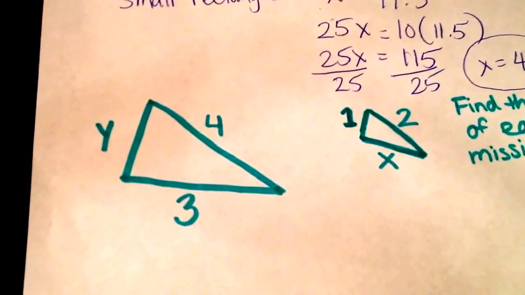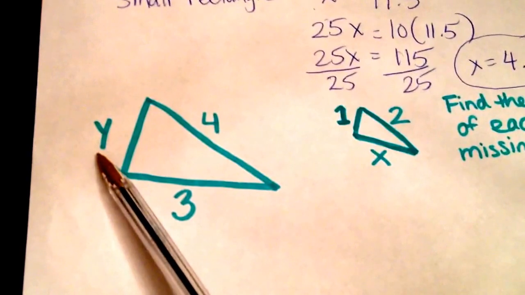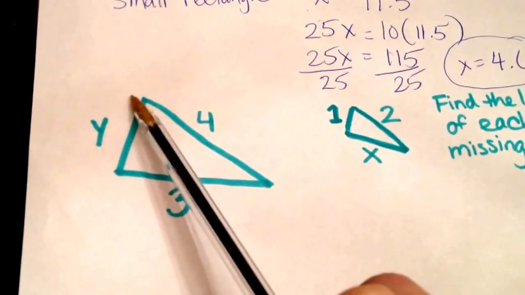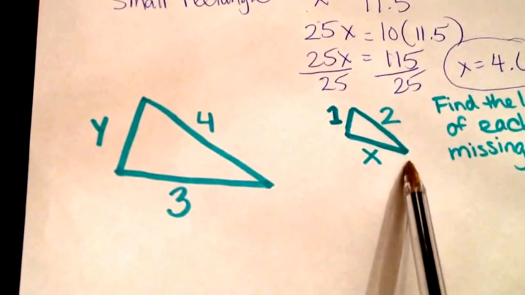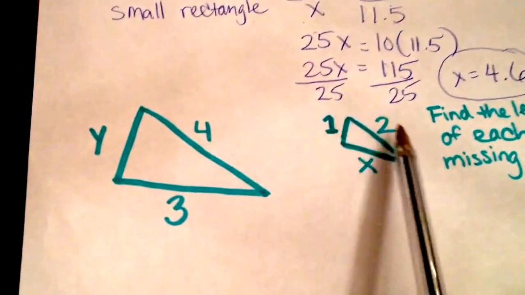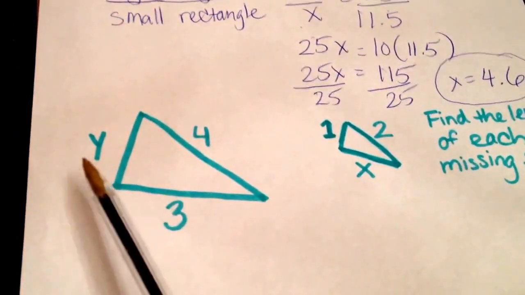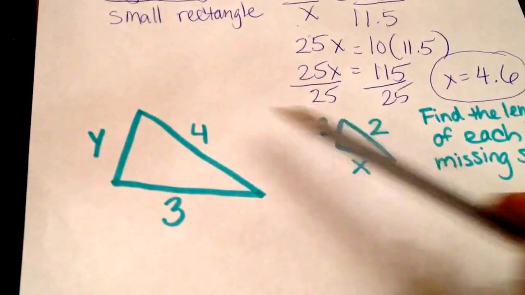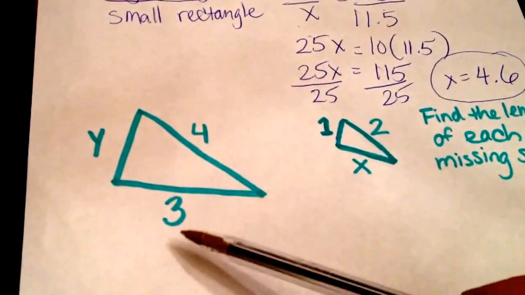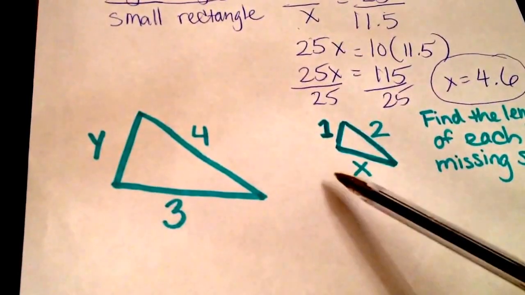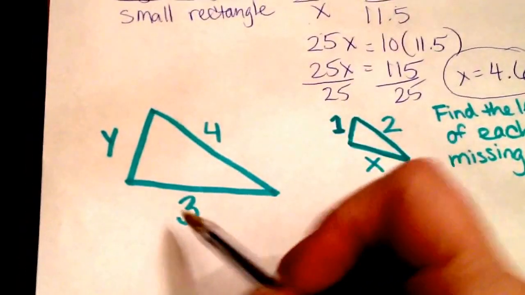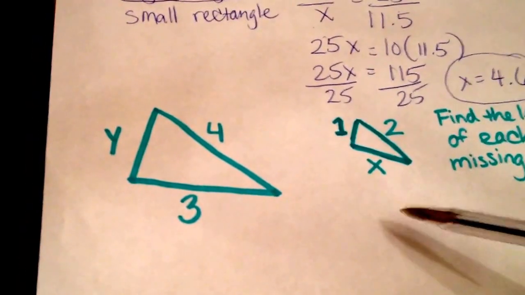And so in order to find a missing side, I have to pick at least one pair of corresponding sides that both have a number. So I can't use these two sides and these two sides because I don't have numbers for both of a pair. All right, so I'm going to first try to find x.